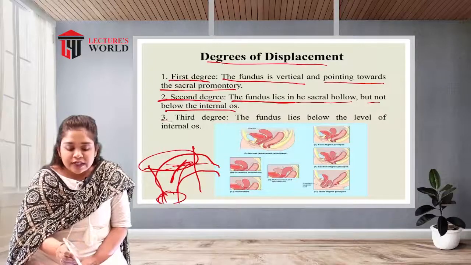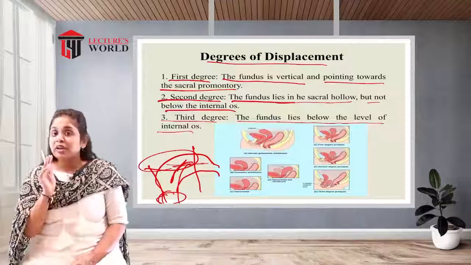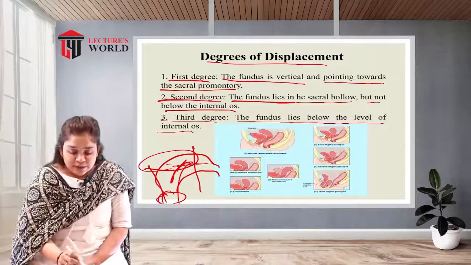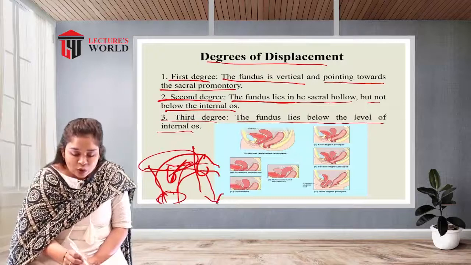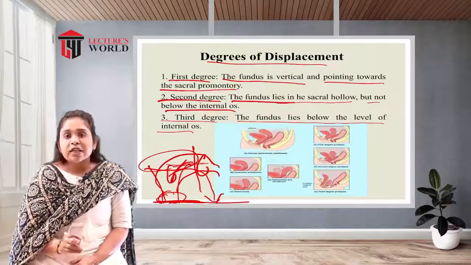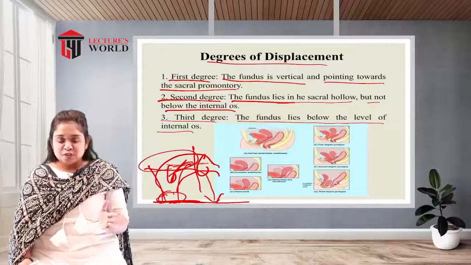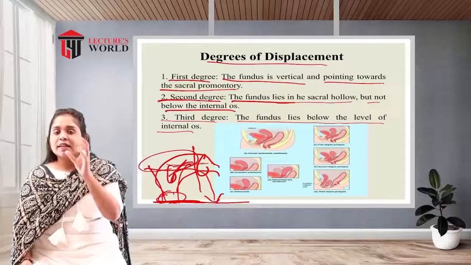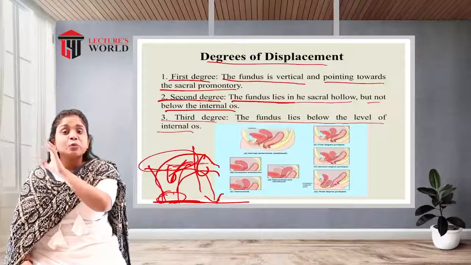Then the third degree is known as the fundus lying below the level of the internal os. It means that the fundus and the corpus will be bending completely downward at the level of the internal os. So this is the degrees of displacement. In the first degree, the fundus is directly pointing towards the sacral promontory.